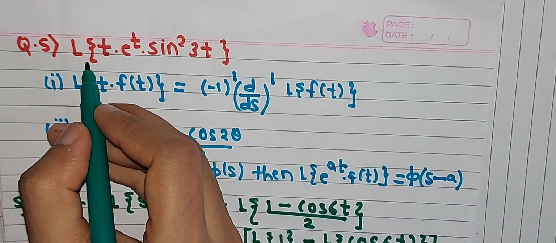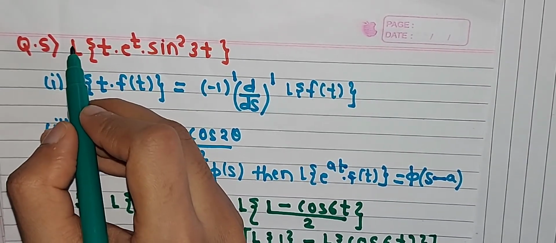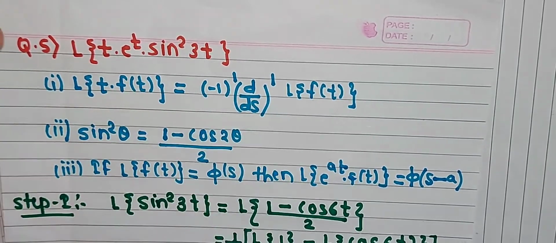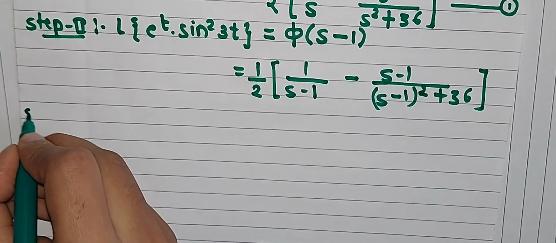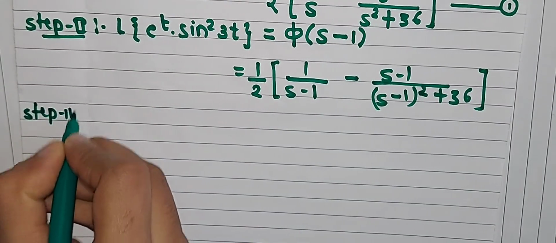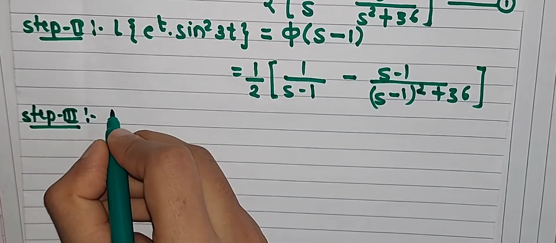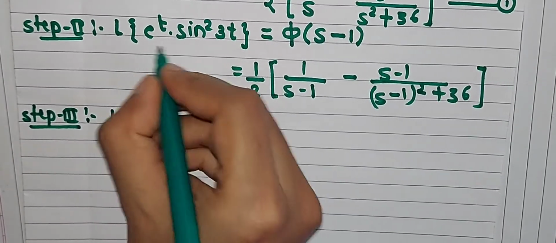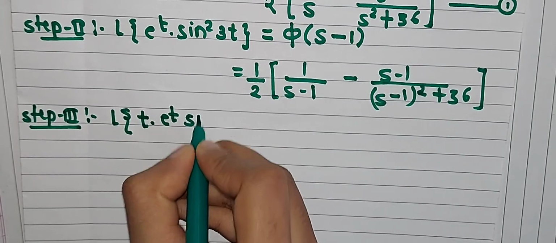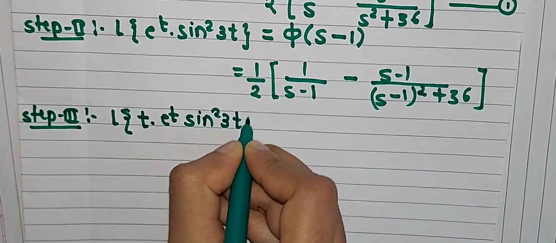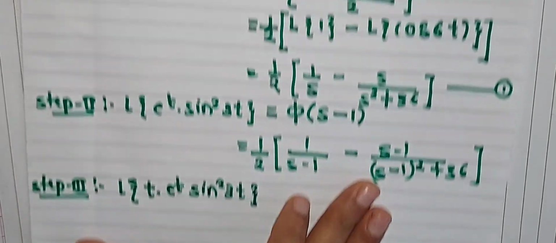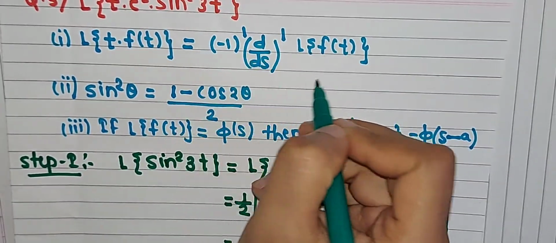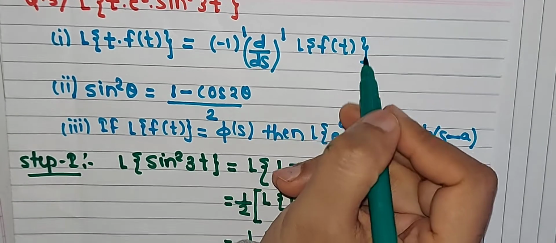Now in step number 3, our last step, we will apply Laplace of t into this second function. So step 3: apply Laplace on t into my second function, that is e raised to t into sin square 3t. To find the value of this Laplace transformation we will use the formula for the effect of multiplication by t on a Laplace transformation.